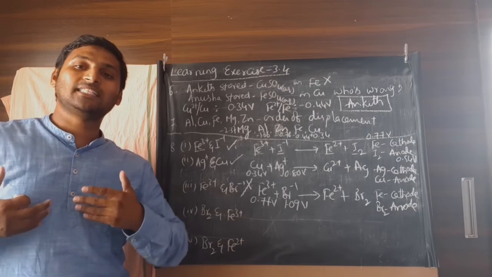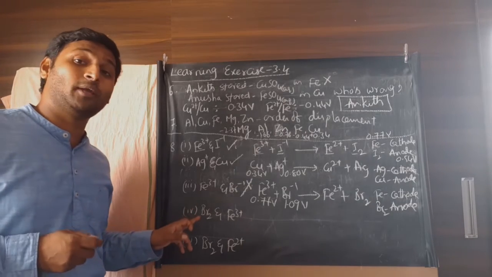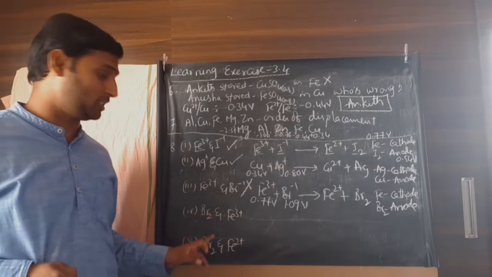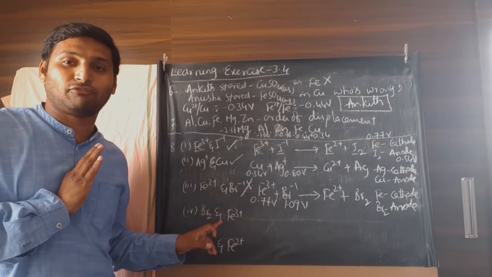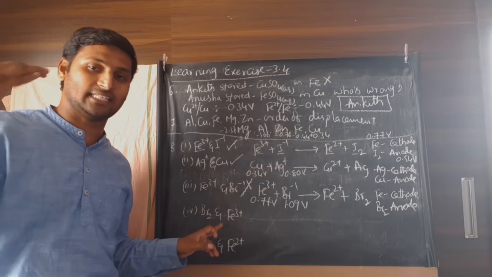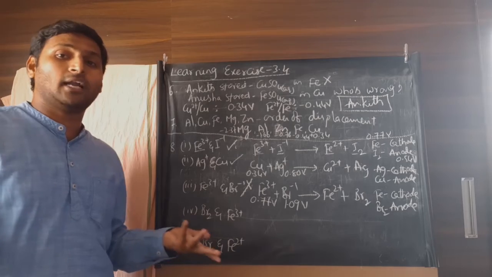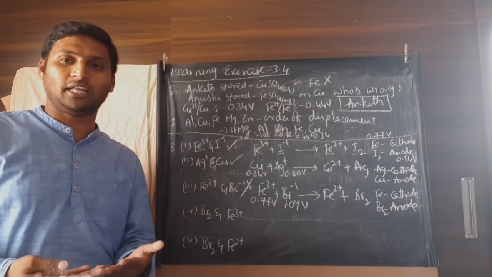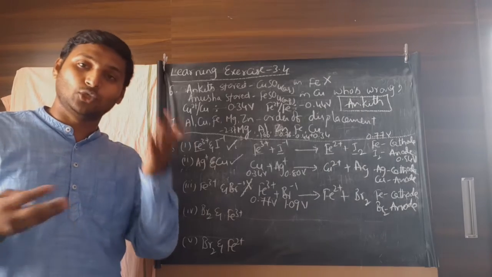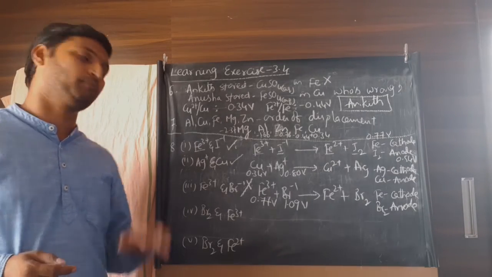Now, let us imagine a hypothetical situation where I am assuming bromine to behave electropositive and lose electrons and undergo oxidation, because I can't expect ferric ions to undergo oxidation because iron is already in its highest oxidation state. So let us hypothesize that bromine may undergo oxidation because there is a possibility for bromine to lose electrons and become Br+, assume, because bromine exhibits positive oxidation state in certain substances.